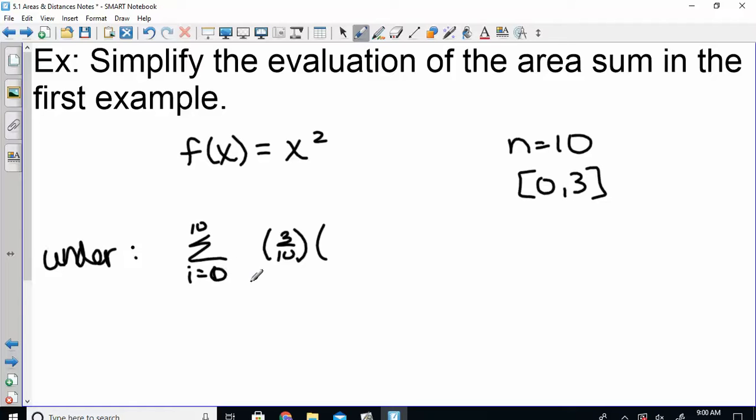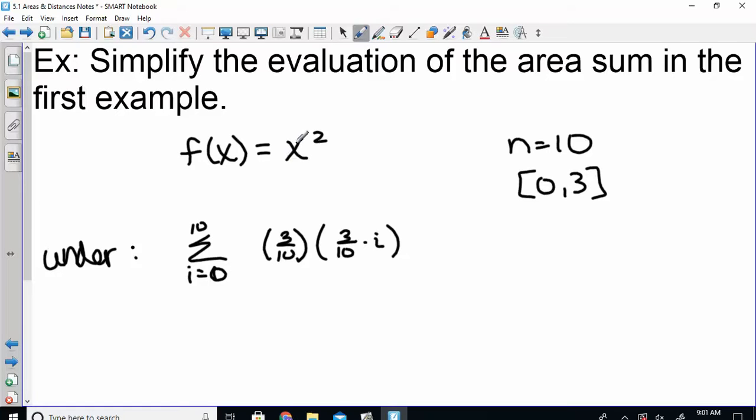Let's start our i at 0, since we already know that when we did our underestimate we had started at that first point. The first one was 0, the next one was 3/10, 6/10, 9/10, and so forth. So that's just 3/10 times your i. When i is 0, that's 0. When i is 1, the next one's 3/10, 6/10, 9/10.